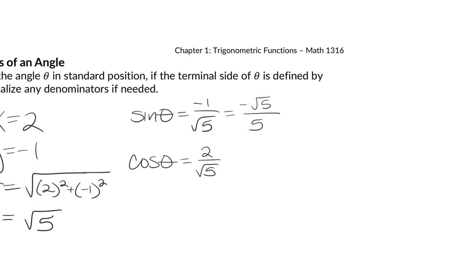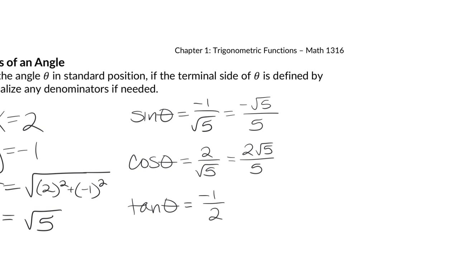Mathematically, we're multiplying by a scalar, but really what you can tell yourself is move the radical to the top, rewrite the number underneath the radical. Tangent of theta is y over x, which is negative 1 over 2. That's nice. We don't need to rationalize anything there.